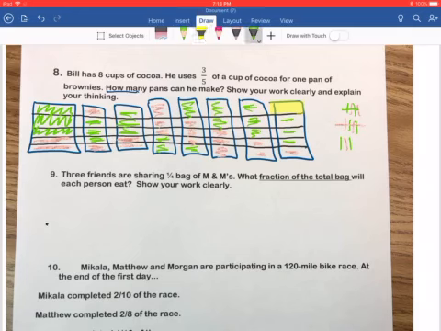So how many total pans can he make? That would be 13 pans. Now, I'm going to explain my thinking.